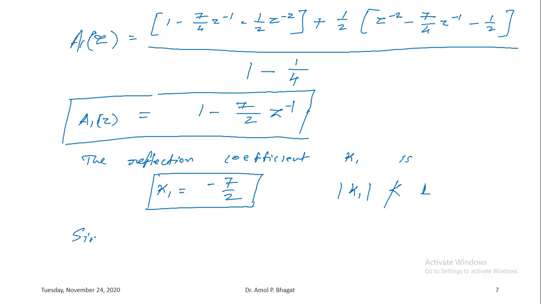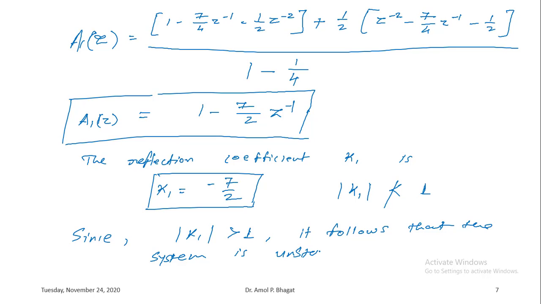So since here mod k1 is greater than 1, it follows that the system is unstable.